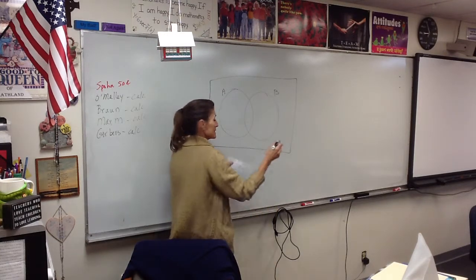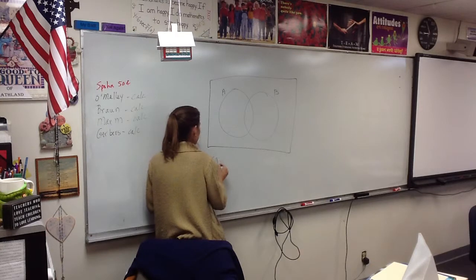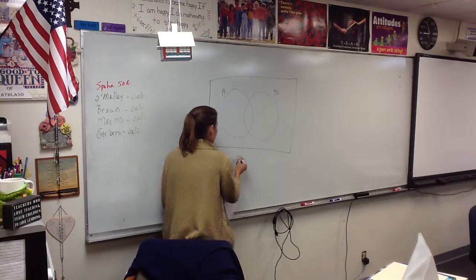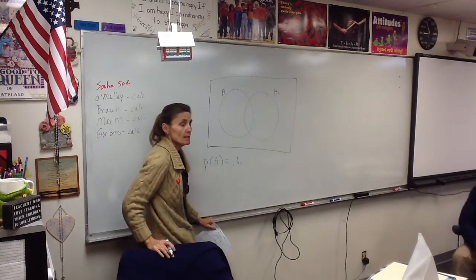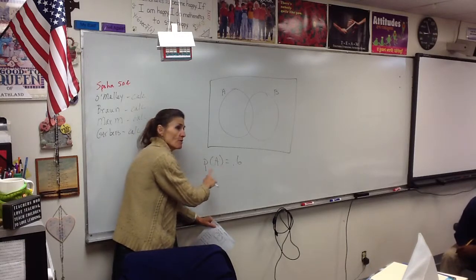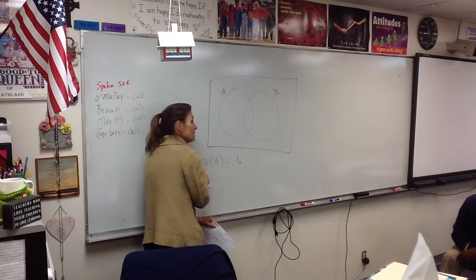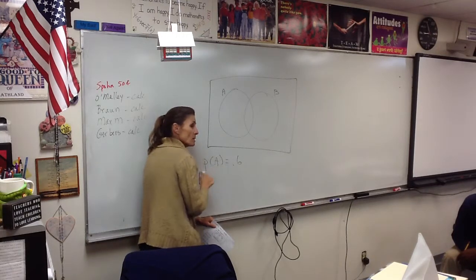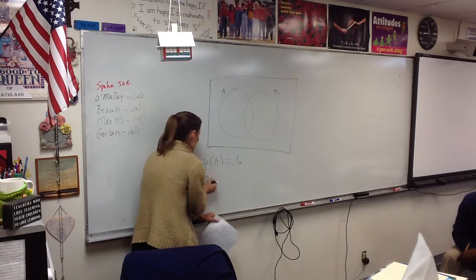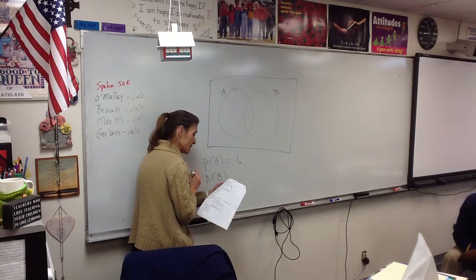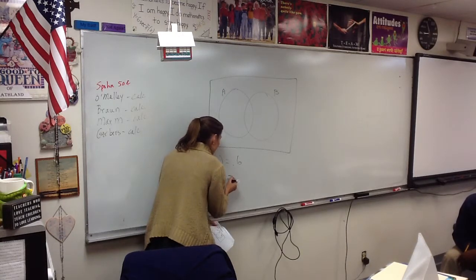Now, the given says the probability of A is 0.6. You may not be familiar with that notation, so I'm telling you what it is right now. The probability of B is 0.5.